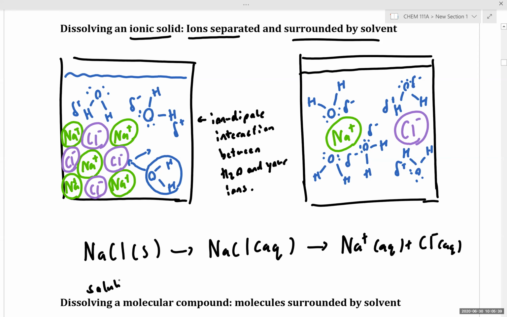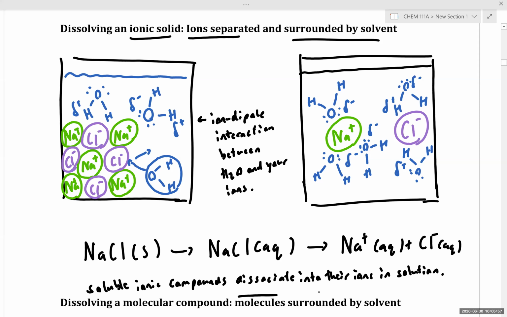So just remember, soluble ionic compounds dissociate into their ions in solution. So when you think about aqueous sodium chloride, you really should think, oh, I have ions in solution rather than a whole compound stuck together in solution.